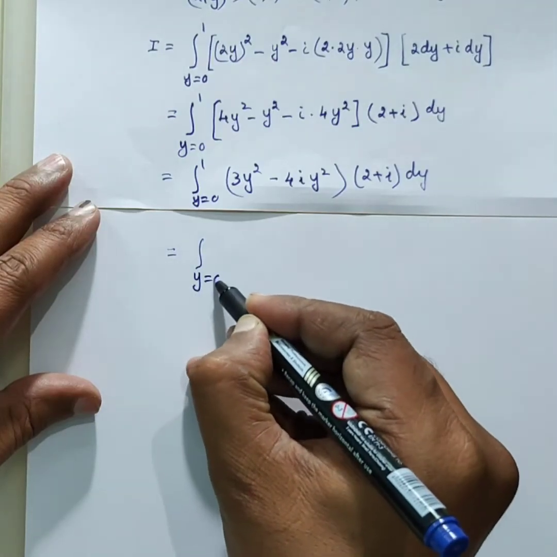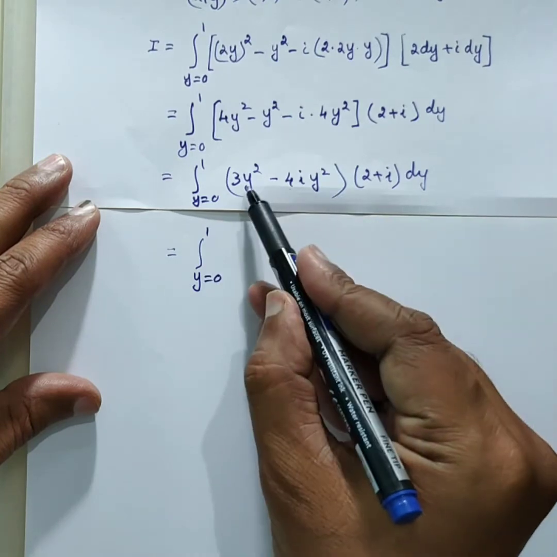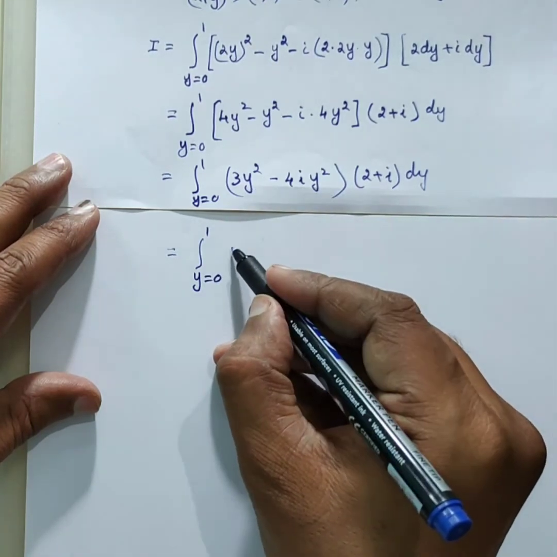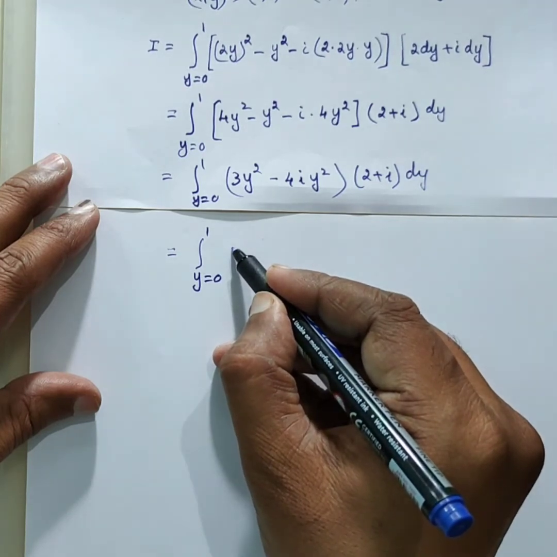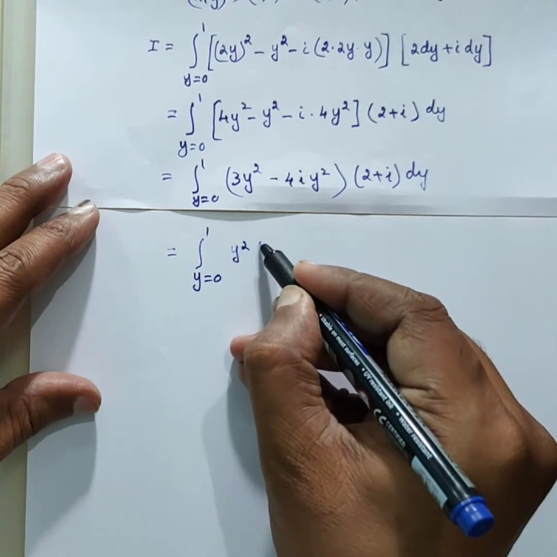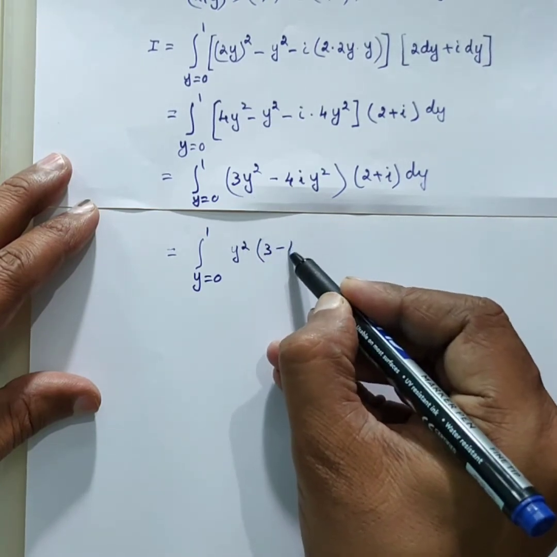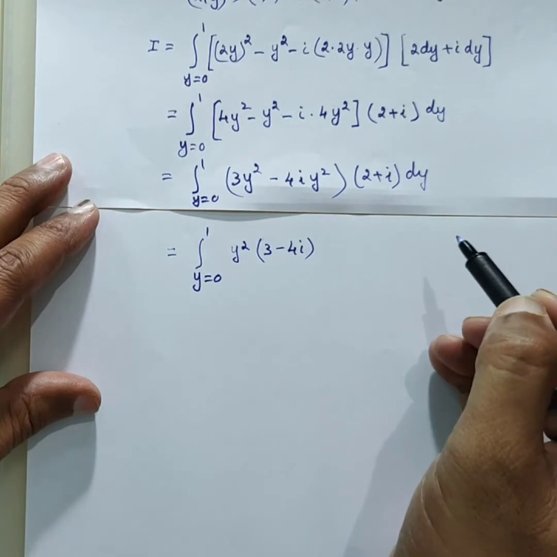Further, let us simplify this one. The integral of y from 0 to 1. If you observe the value over here, y² I can take common. If I take y² as common, what will be left out here? 3 minus 4i will be left out.